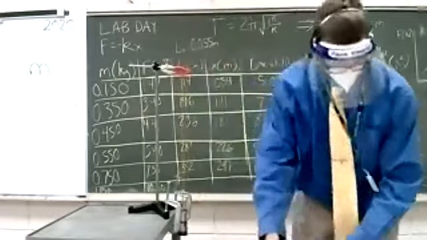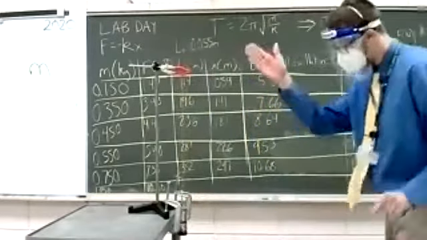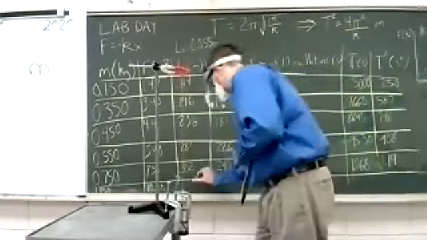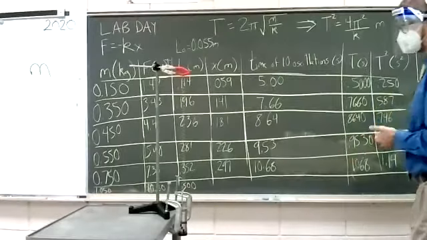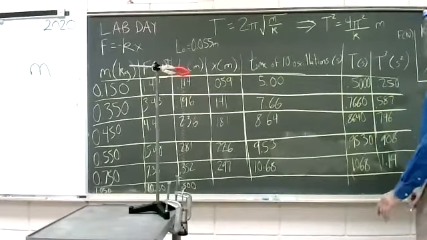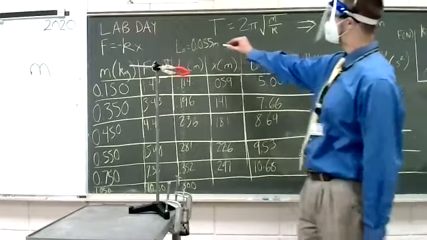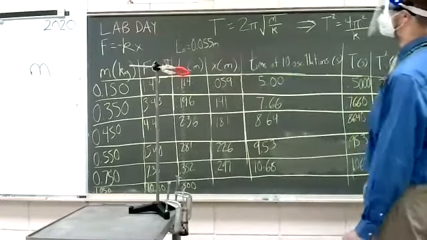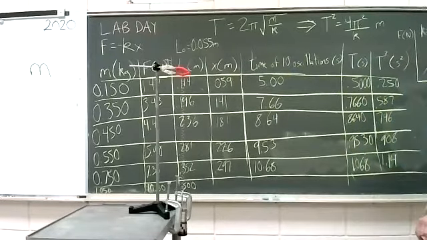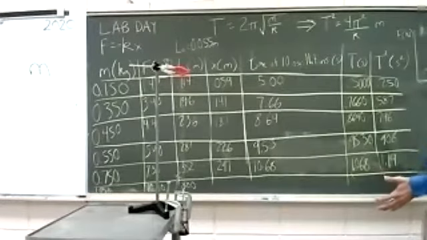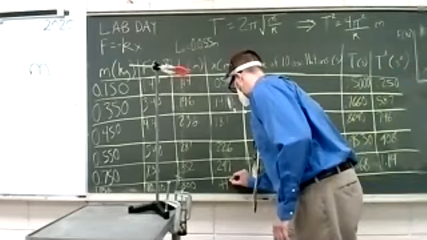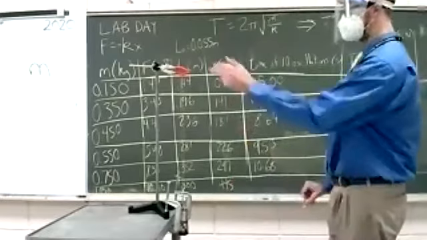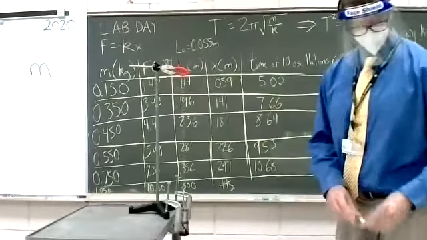So that is 50 centimeters or 0.500 meters. Exactly. So 50 centimeters minus 5.5 centimeters is 44.5 centimeters. 0.445, is that right? Yeah. 0.445 meters of extension from its original length.